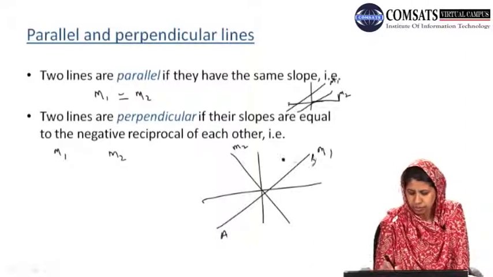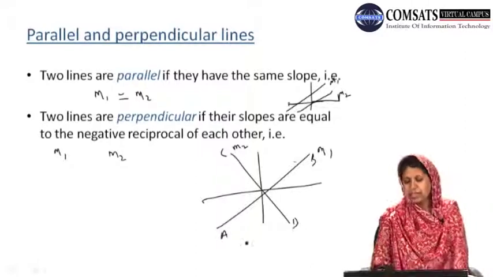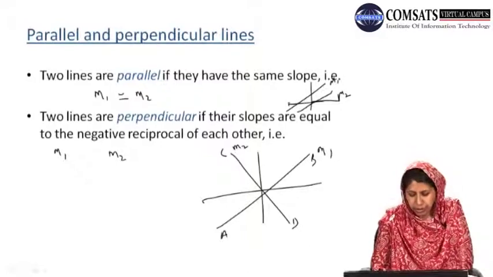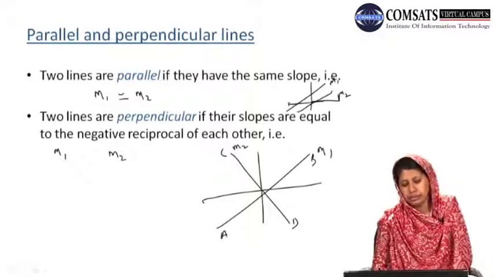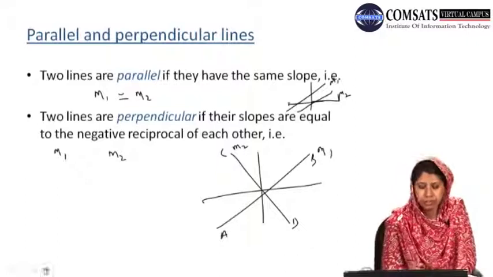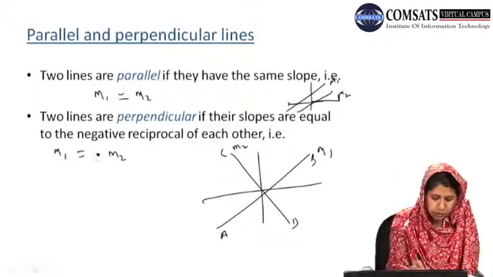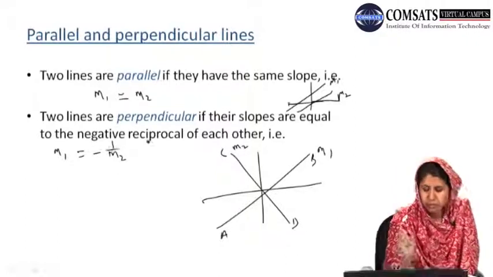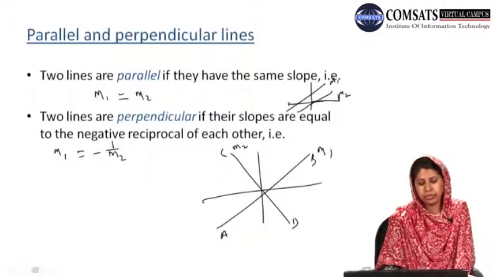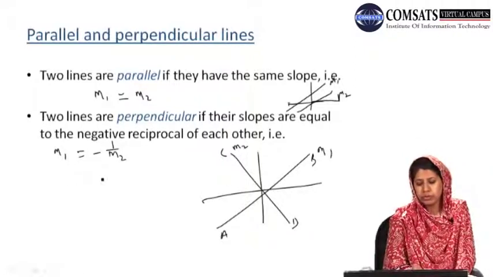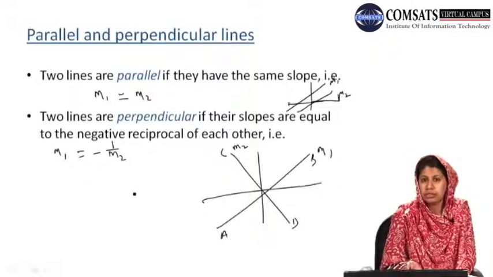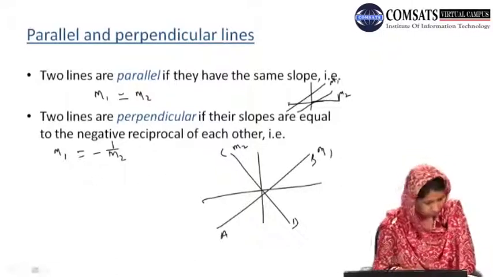I'll call them AB and CD. The lines AB and CD will be perpendicular if their slopes are equal to the negative reciprocal of each other. That is, one slope is equal to the negative value of 1 over the second slope.